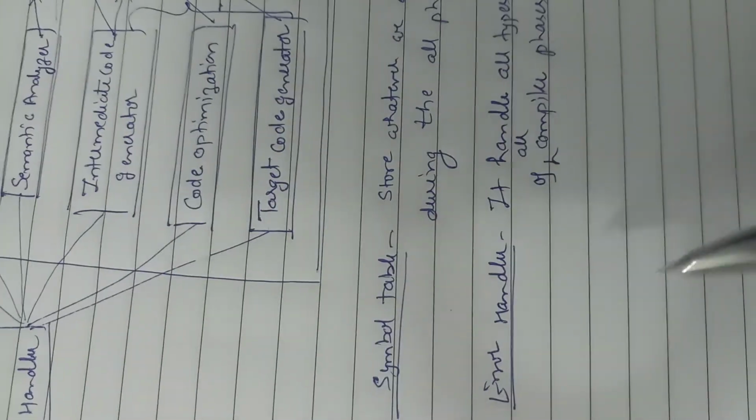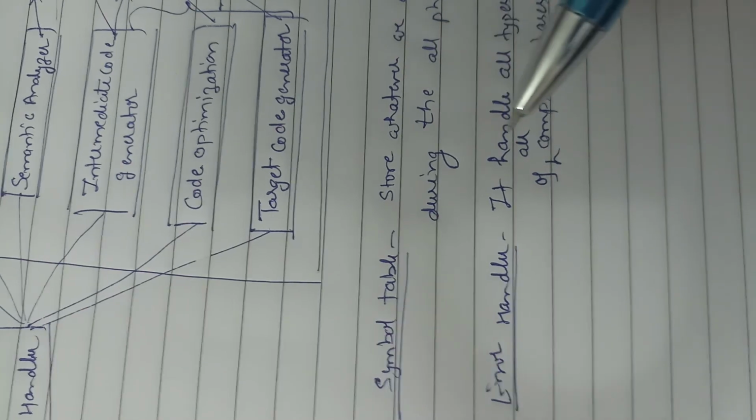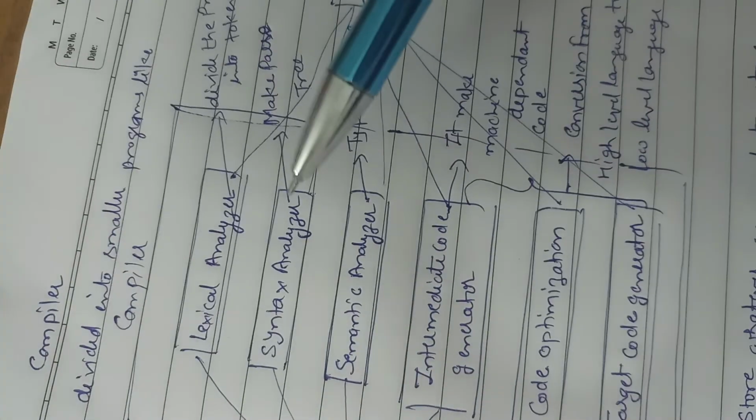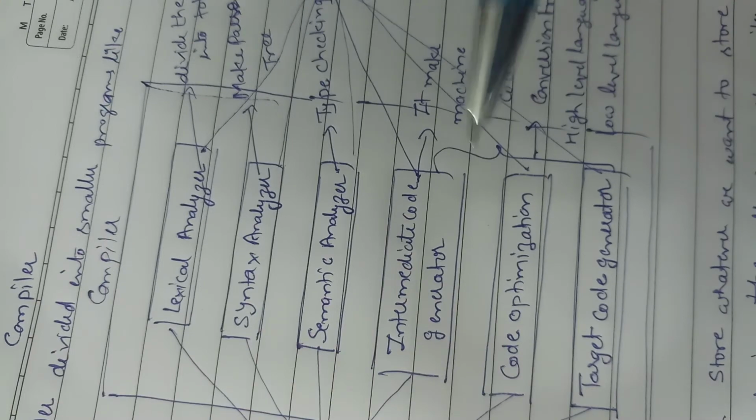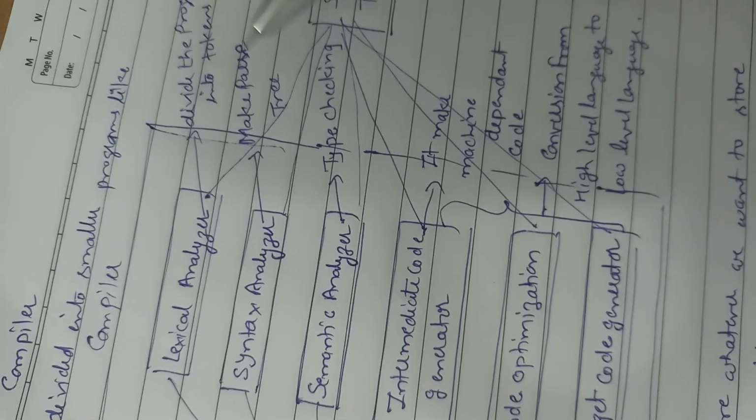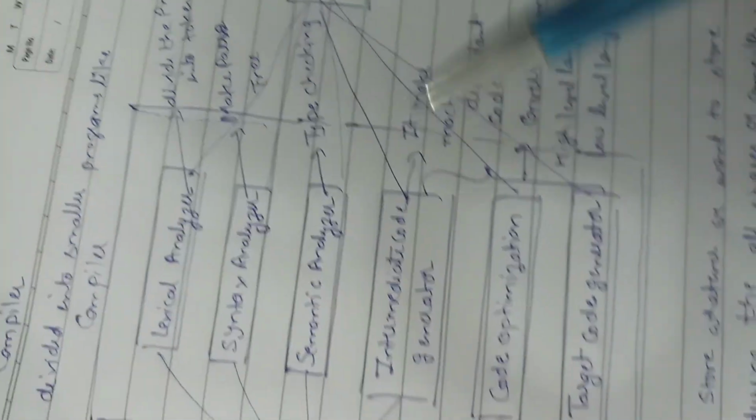In all these phases, whatever error comes, it will be handled by this error handler. So this is a simple and very short overview of compiler phases. We will discuss the details further. This is the first thing which I discussed in the case of compiler.